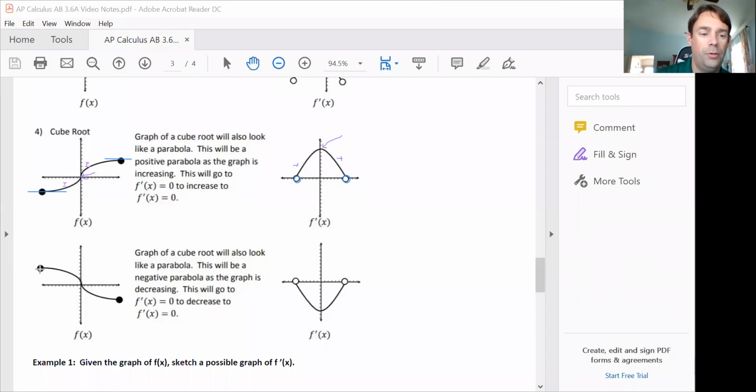And again on this one, we have a flat line, and we have a flat line. So that's why we have those open dots. Those are x-intercepts. Anytime you see a flat line, they're x-intercepts, and they're open dots because they're endpoints as well.